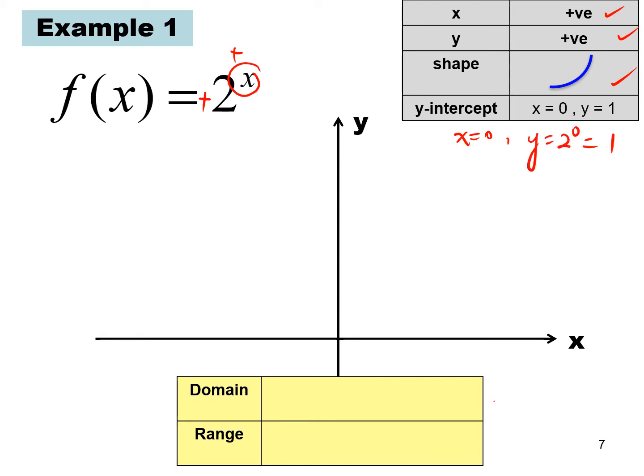From here we can say the graph is like this, with intercept at 1. So how about the domain? The domain is from negative infinity to infinity, so all x are defined. And for the range, y greater than 0, or 0 to infinity.